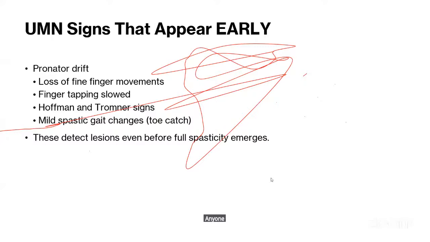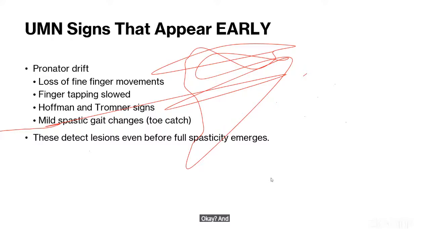Anyone who wants to take this answer? Basically that is till the mid-thoracic levels. So you should also be aware that the anterior corticospinal tract ends at the mid-thoracic level.